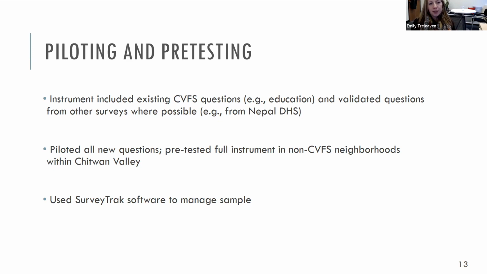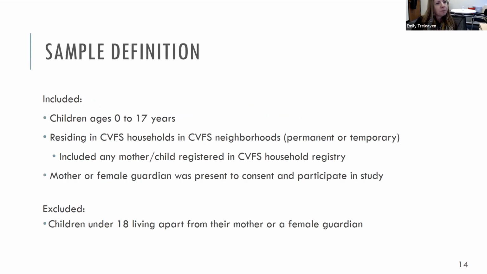So for example, they drew heavily from the Nepal demographic and health survey, since that had been conducted, I believe, 4 times prior to this data collection, and there was a validated questionnaire available in Nepalese. So the team piloted all new questions and then pre-tested the full instrument in non-CVFS neighborhoods within the Chitwan Valley. And as is typical with our CVFS data collections, they use SurveyTrack to manage the sample throughout the data collection.